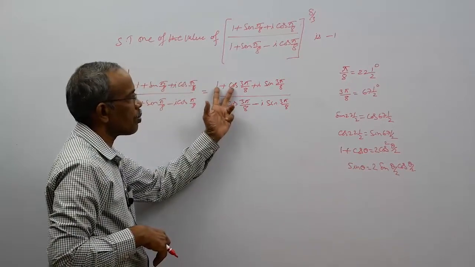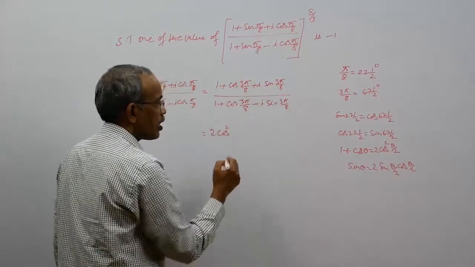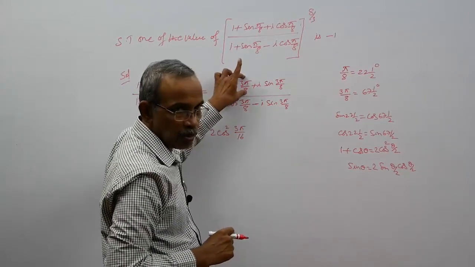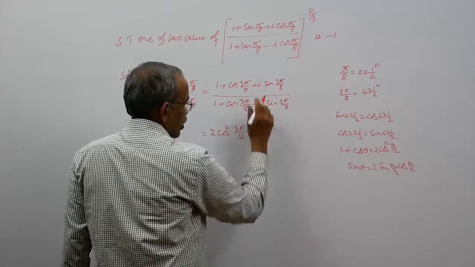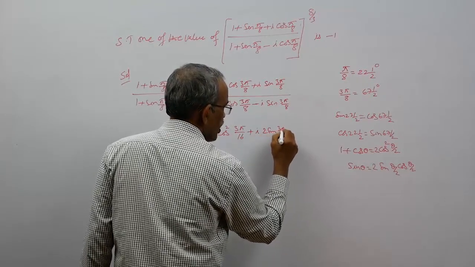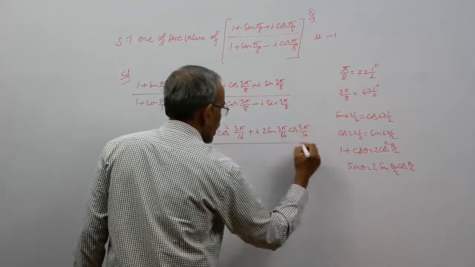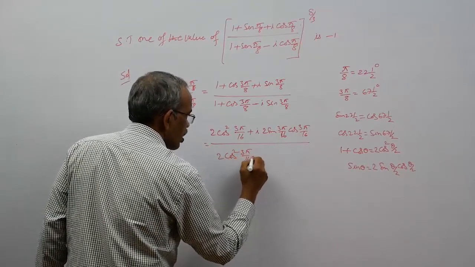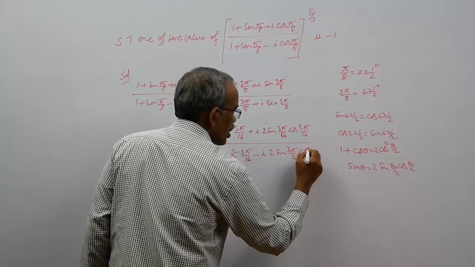So we get 2 cos square 3 pi by 16 plus I into 2 sin 3 pi by 16 cos 3 pi by 16, divided by 2 cos square 3 pi by 16 minus I into 2 sin 3 pi by 16 cos 3 pi by 16.